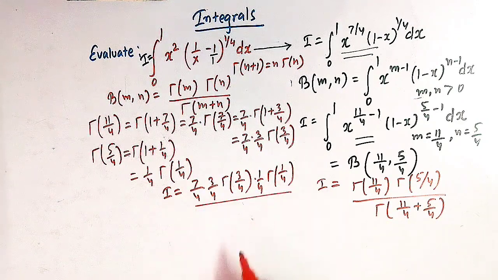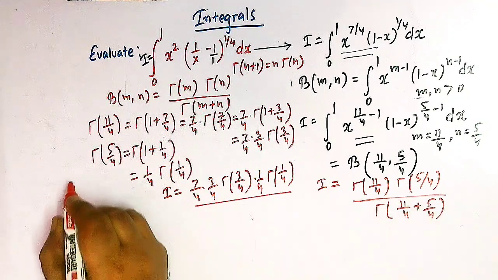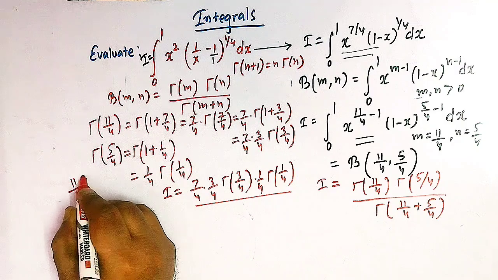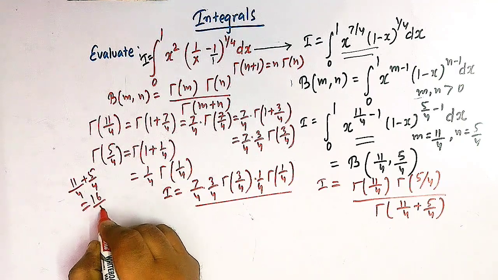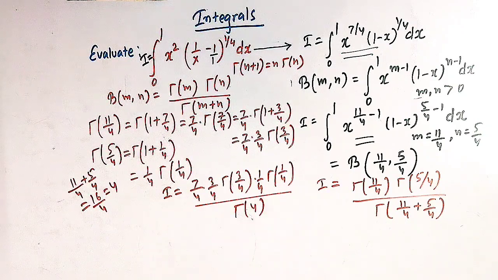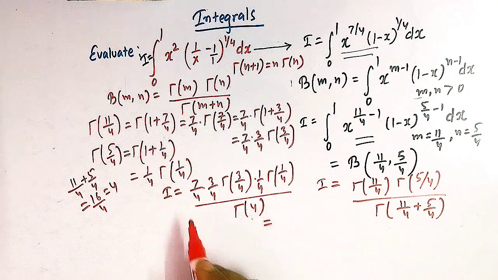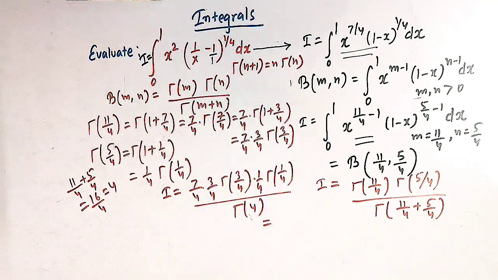And in the denominator, we have gamma of 11 by 4 plus 5 by 4. So 11 by 4 plus 5 by 4 is 16 over 4, that is 4, right? So here we have gamma of 4. Now let us simplify this expression.